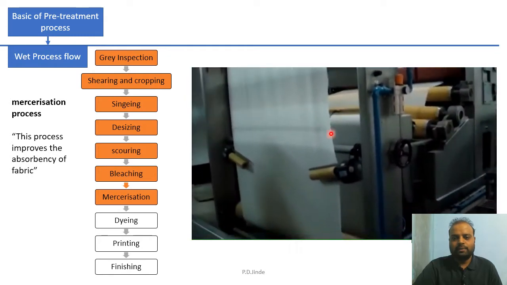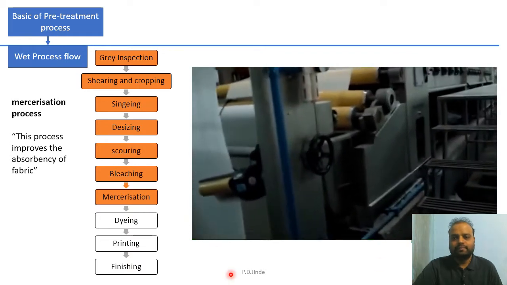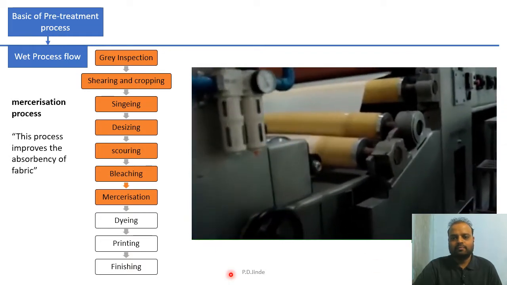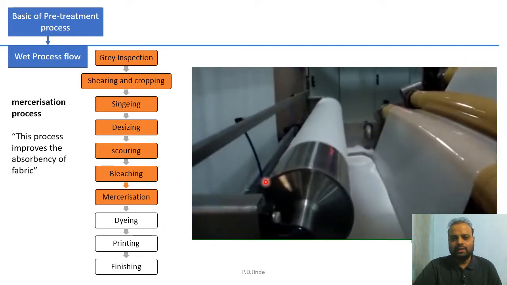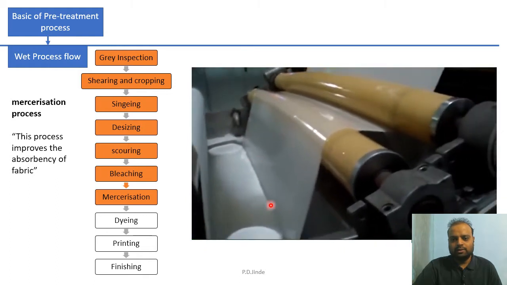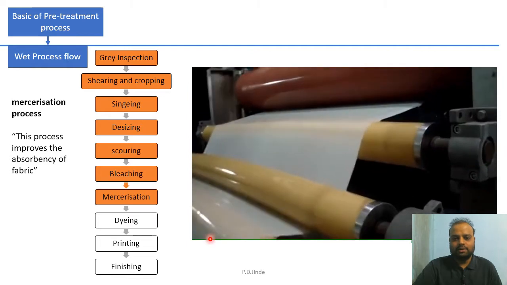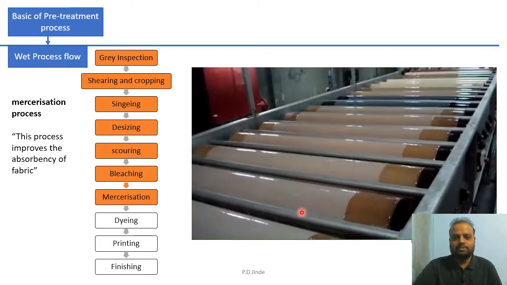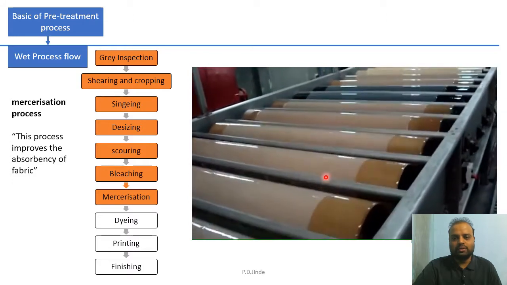This bleached fabric is guided over the multiple guide rollers. And then it is passed into a mercerizing chemical. This white liquid is the mercerizing chemical. Fabric absorbs this mercerizing chemical and then passes over these small rollers.